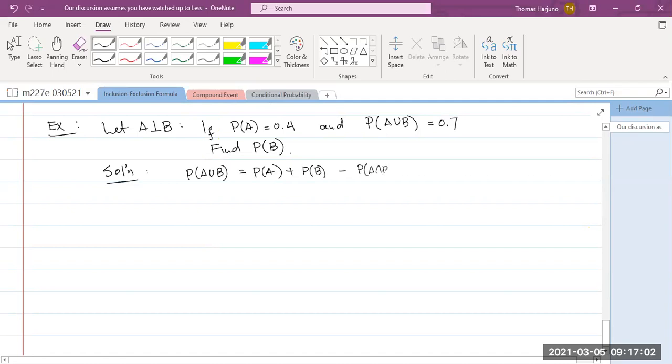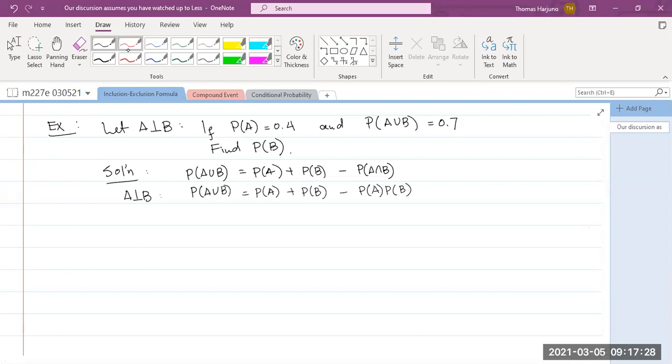That's the general formula. And then because A is independent of B, you can skip the first line if you want to. But before anybody asks me, Thomas, why does the formula change? That's because we modified the formula to the independent case. Now I plug in numbers.